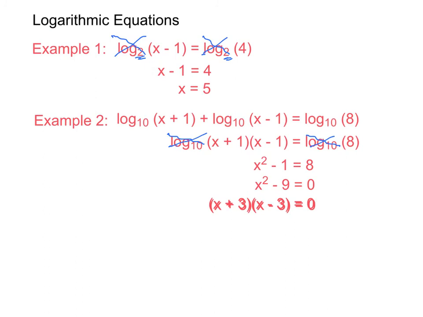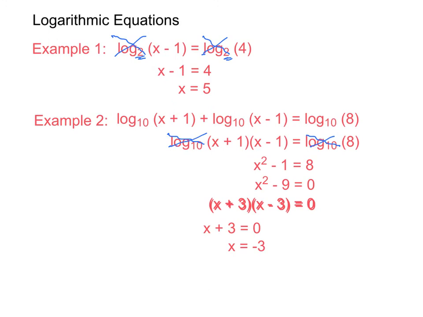Now, if I set each of these factors equal to 0, so if I set the first factor equal to 0, I've got x plus 3 equals 0, subtract 3 from both sides, and I get x is equal to minus 3. Well, this would appear to be one of my solutions. However, if you go back to the original equation up here, we had log base 10 of x plus 1.